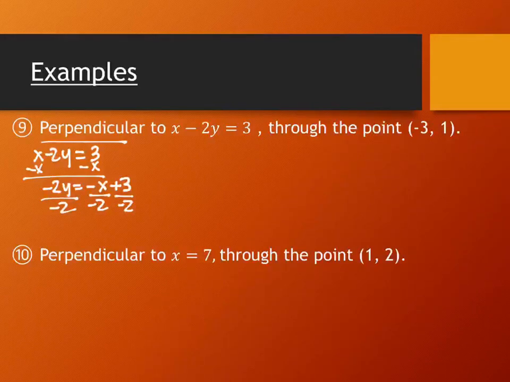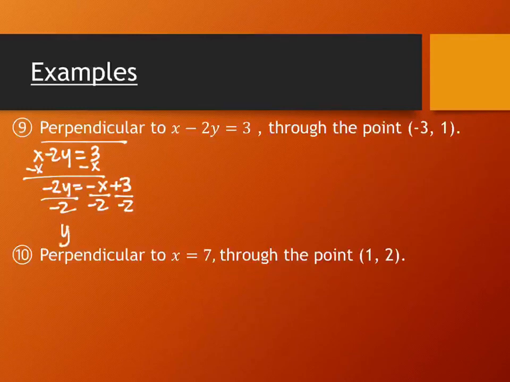Wait, hold on, what did you do? Well, first, I subtracted the x to the other side. And then secondly, I'm going to divide everything by negative 2. So I've written everything with a denominator of negative 2. Okay, everybody good so far? Excellent.